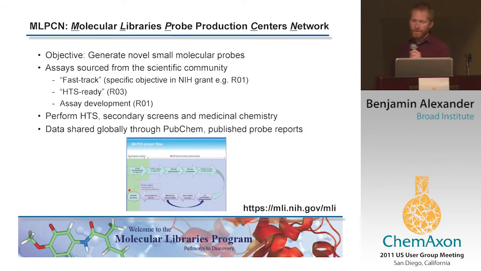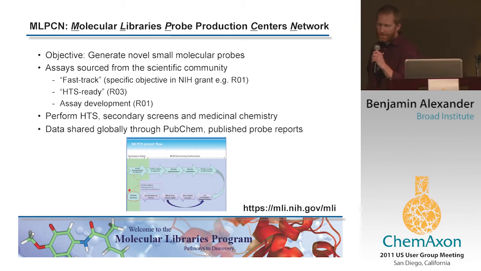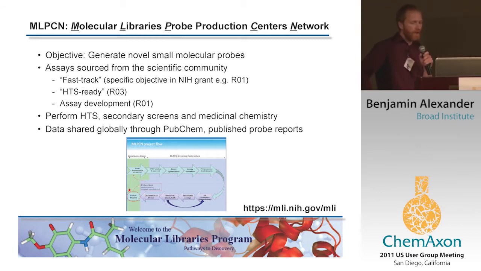One more program to describe before I proceed is the MLPCN program. This is something coming out of NIH. They give us 324,000 compounds and require that we develop assays or use other recognized assays. We only get paid by them if we run the assay on at least 300,000 compounds.